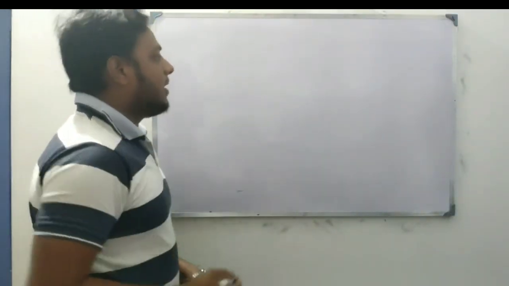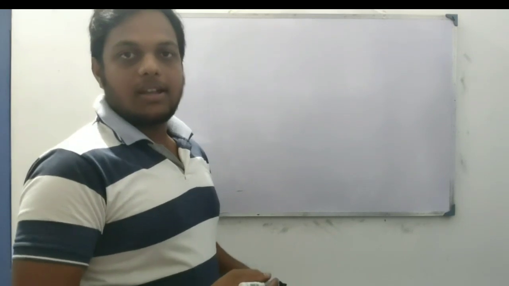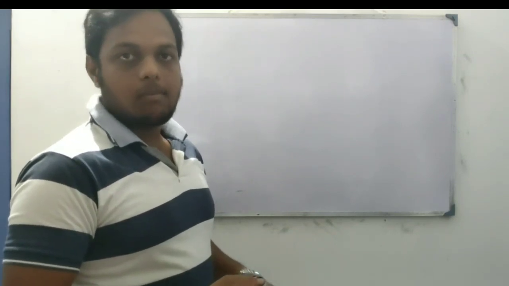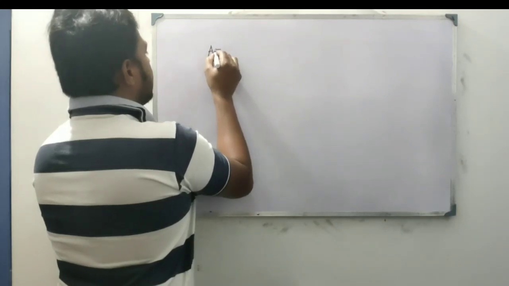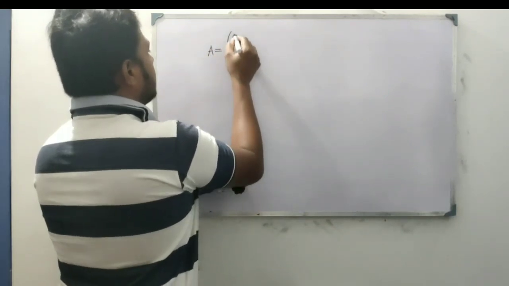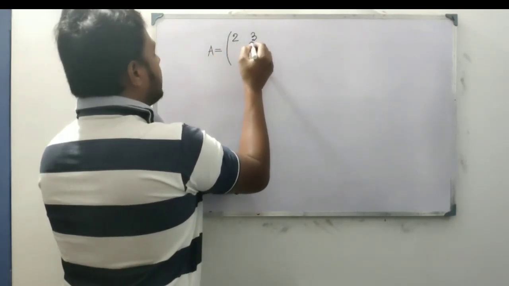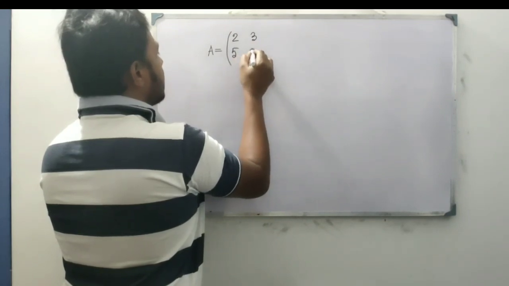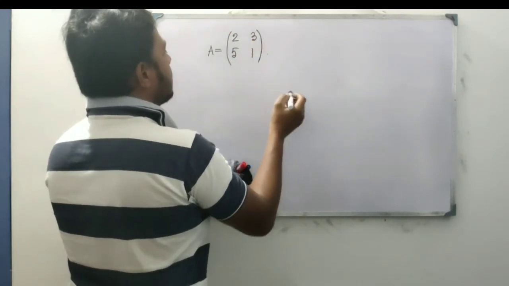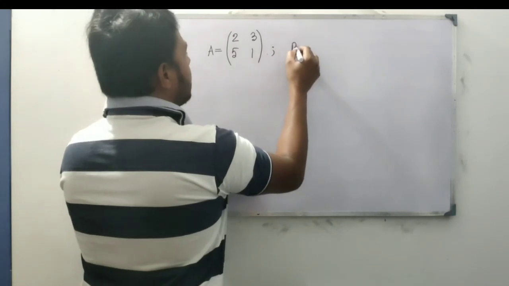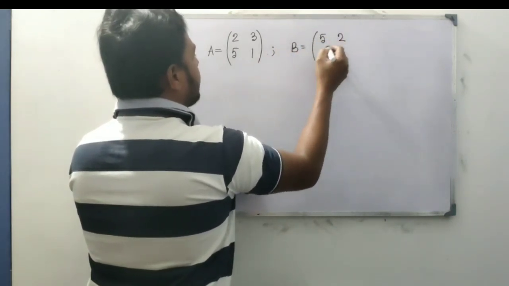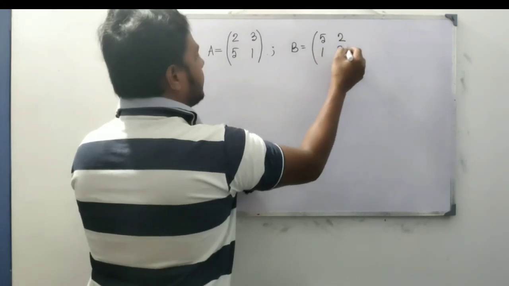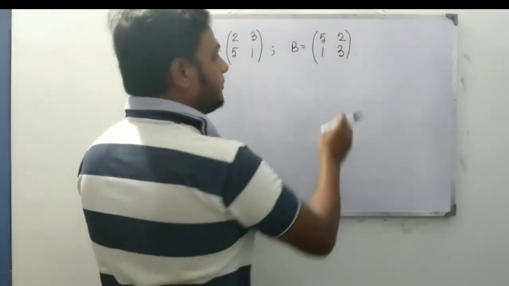Next, matrix multiplication. I will explain matrix multiplication by considering an example. Let A be a matrix and B is another matrix, suppose this.